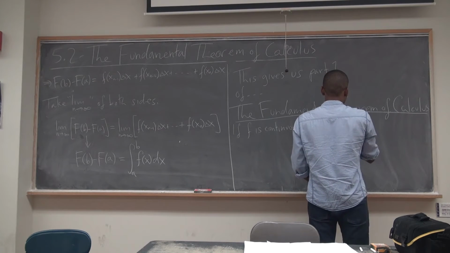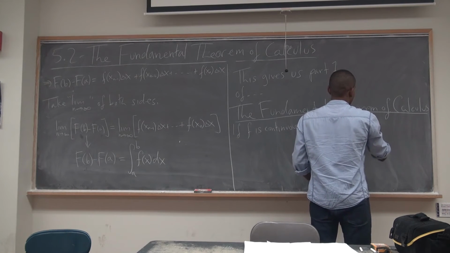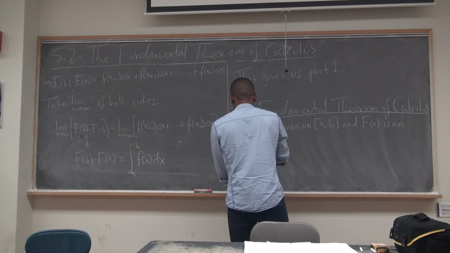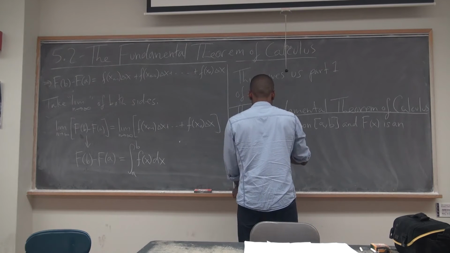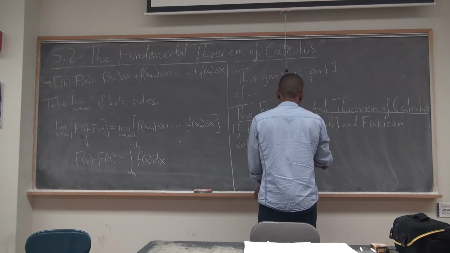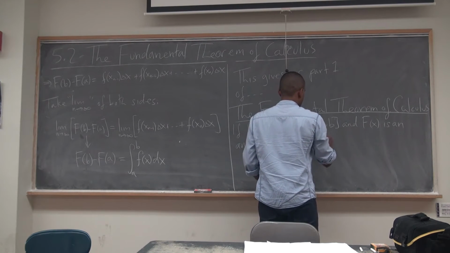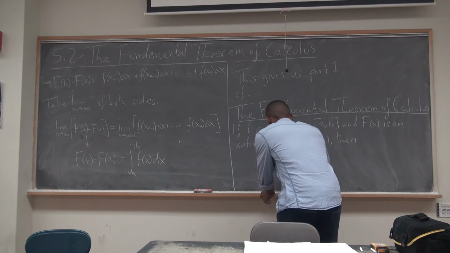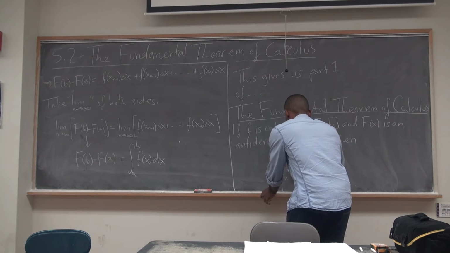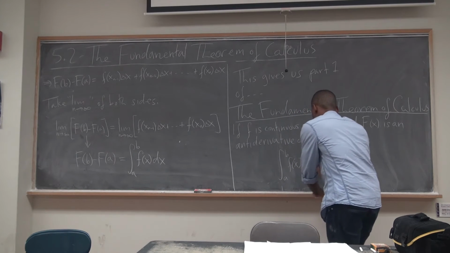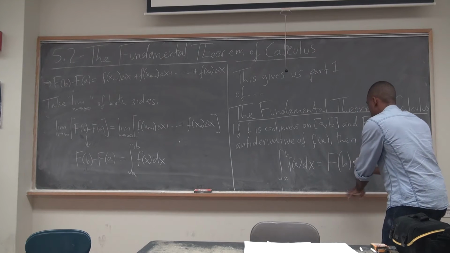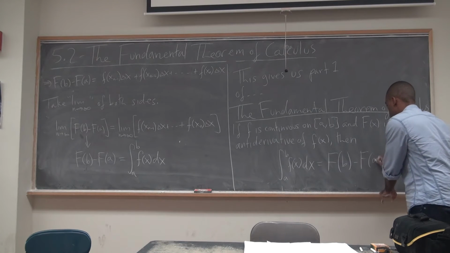F is continuous on [a, b], and big F of x is an antiderivative of f. Then it turns out that the integral from a to b of f of x dx is going to be the antiderivative evaluated at b minus the antiderivative evaluated at a.